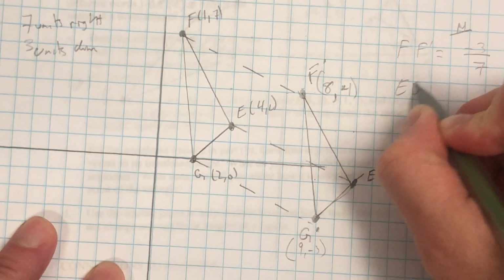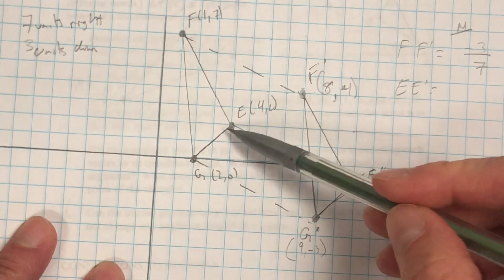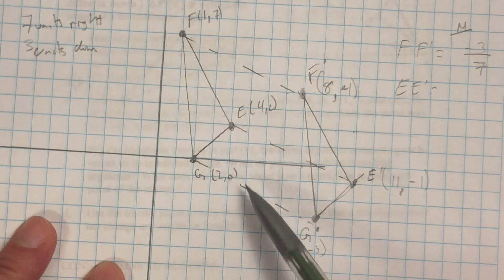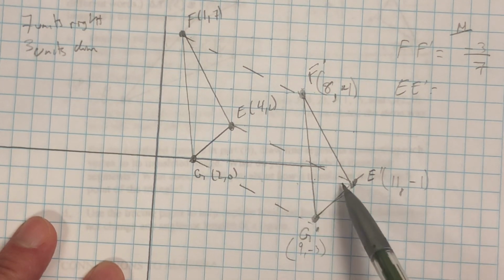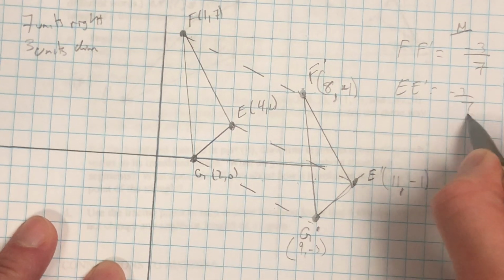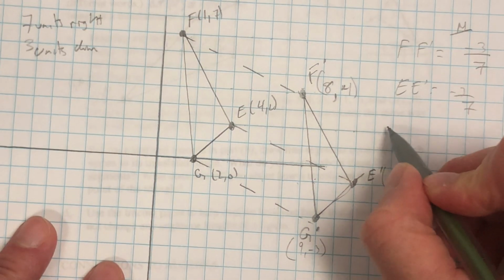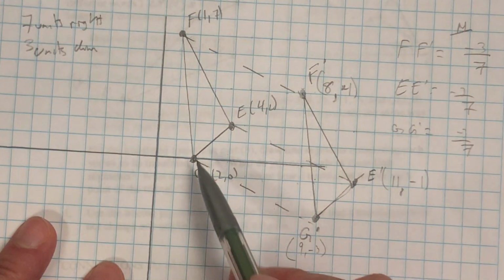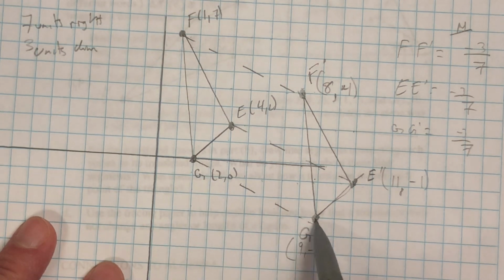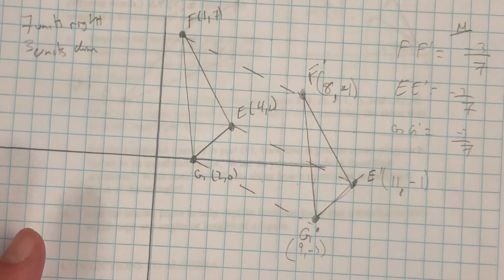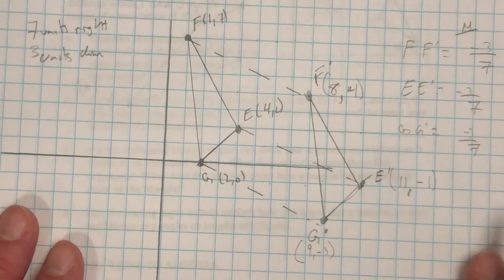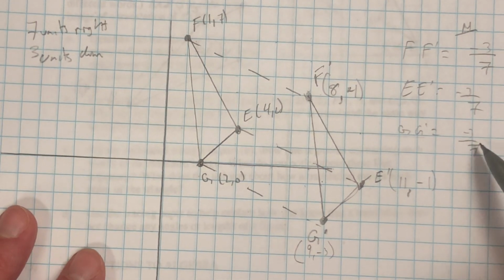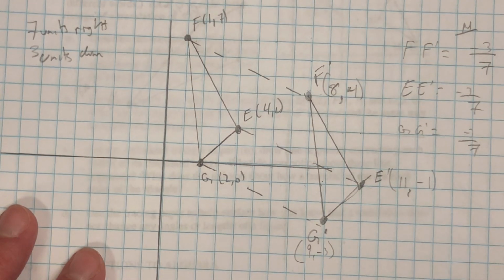Okay, E to E prime should be the exact same: down 3, 1, 2, 3, over 7, 1, 2, 3, 4, 5, 6, 7. So again, it's the same slope. And then G to G prime is going to be negative 3 to 7. Again, down 3, 1, 2, 3, and then over 7. Okay, so all line segments are parallel. So that's great. They're all parallel to each other.